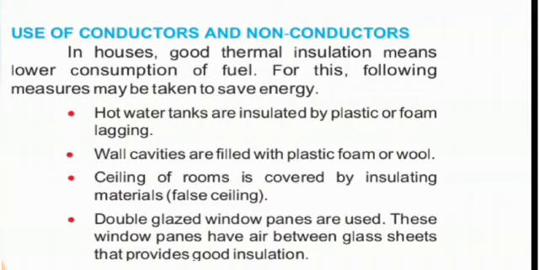Wall cavities are filled with plastic foam or wool. Ceiling of rooms is covered by insulating materials, that is also known as the false ceiling. Double glazed window panes are used. These window panes have air between glass sheets that provides good insulation.